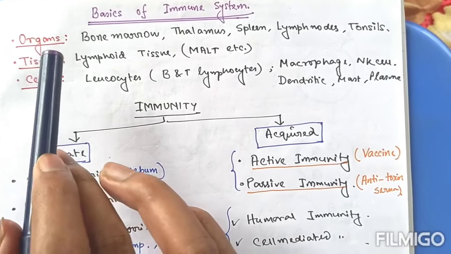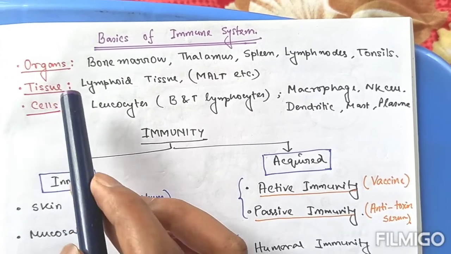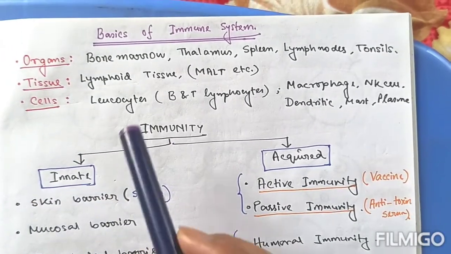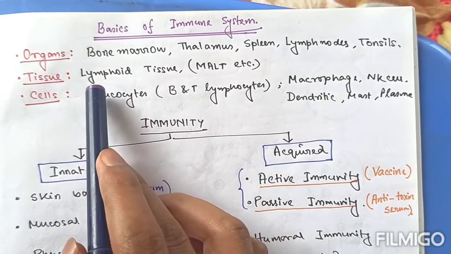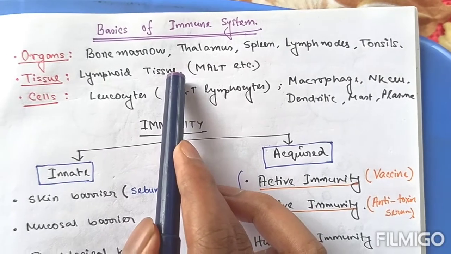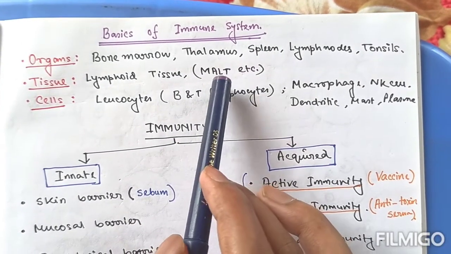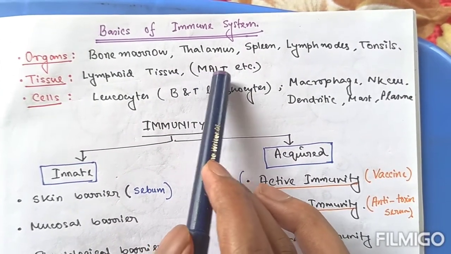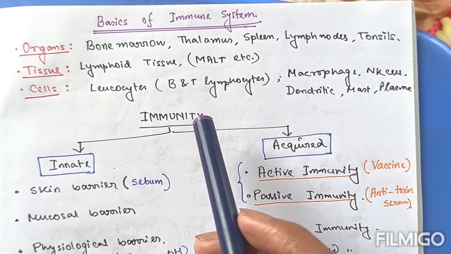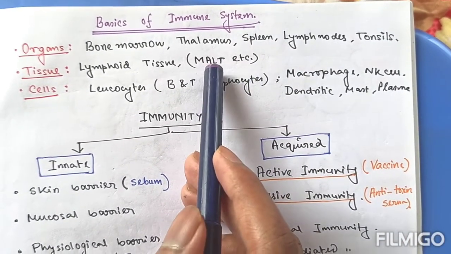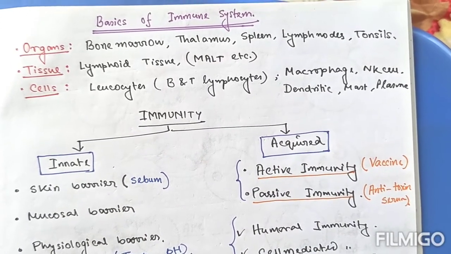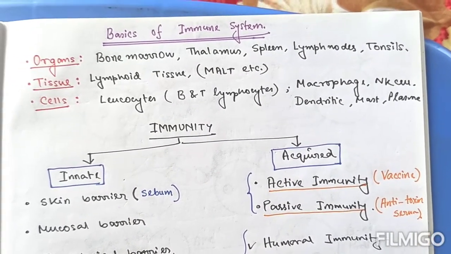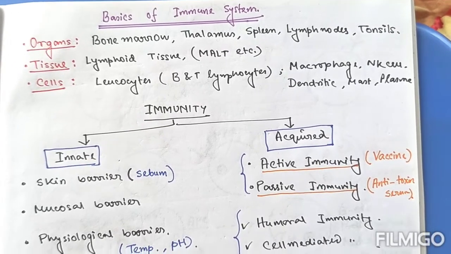Next, if we consider any system at the tissue level after the organ level, the tissue that is responsible is mainly called lymphoid tissue. One example is MALT present in the GIT, that is mucosa associated lymphoid tissue present in the duodenum or intestine. Next, the cellular level.